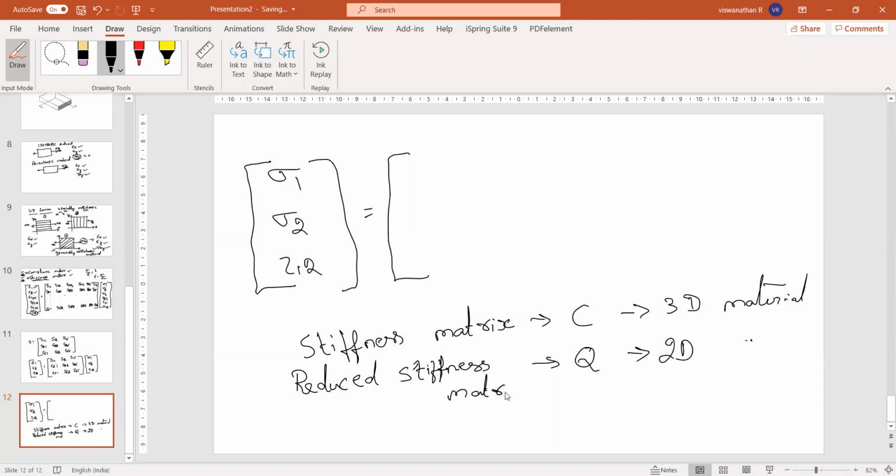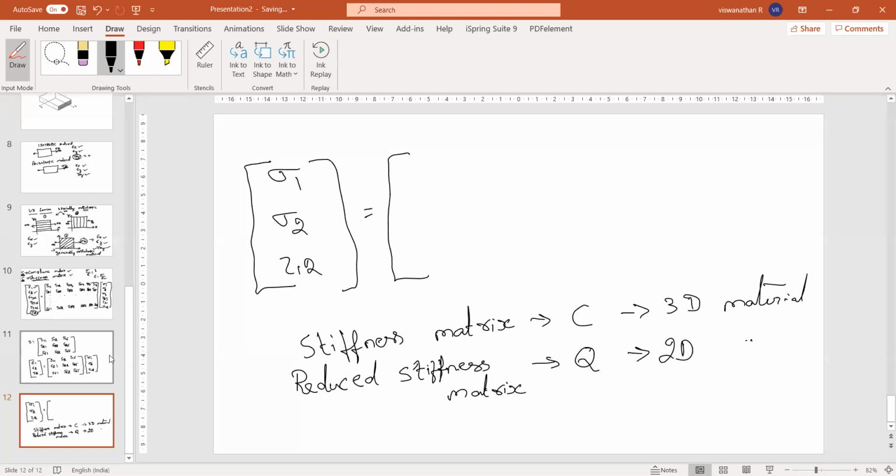First I said stiffness matrix is denoted by C, but we were writing the 3-dimensional for the 3D material, so it was C. But for the reduced stiffness matrix, we use the letter Q.